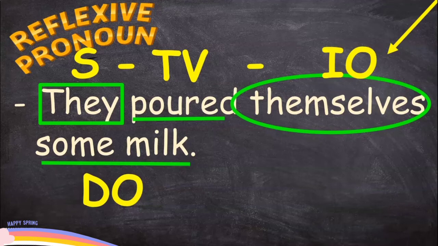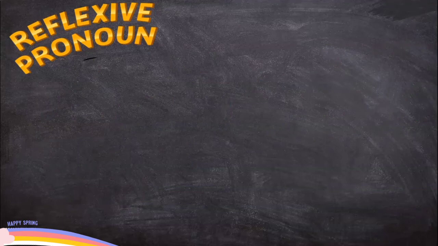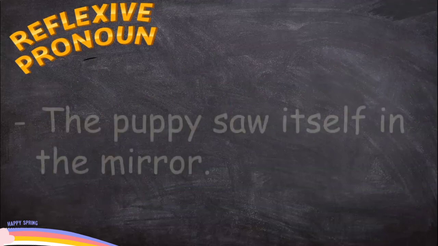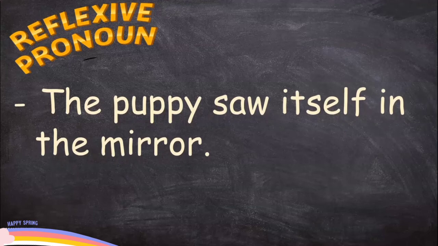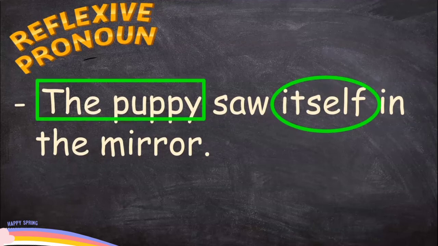Okay? I have here another example of a reflexive pronoun used in a sentence. The puppy saw itself in the mirror. Itself here is the direct object in your sentence. The pronoun itself refers back to the subject. What's the subject? The puppy.